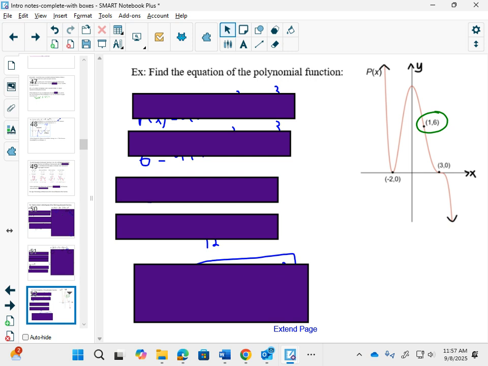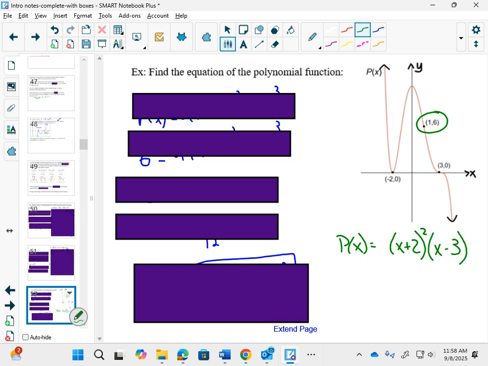The number one close but wrong answer looks like this. p of x equals, it's labeled as p of x. P of x equals, and they have a bounce. No problem getting that right. They have the bend. No problem getting that right.